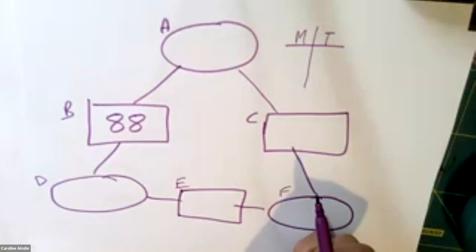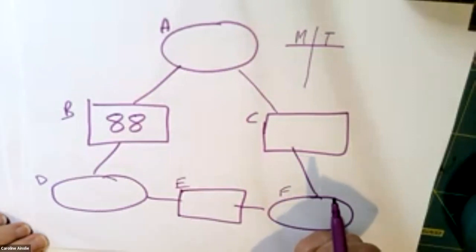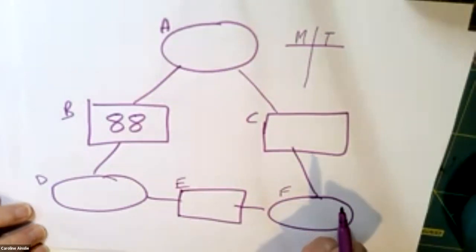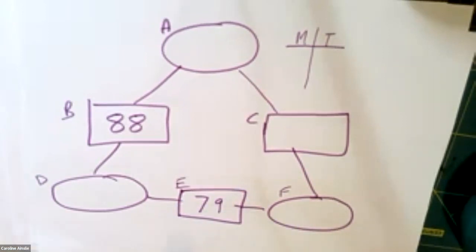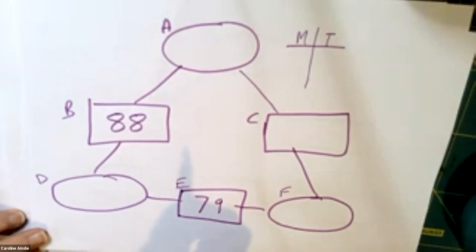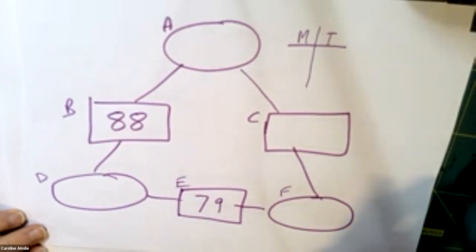I'm going to put 79 in box E. Oh, okay. All right. I'm going to put 26 in box A.